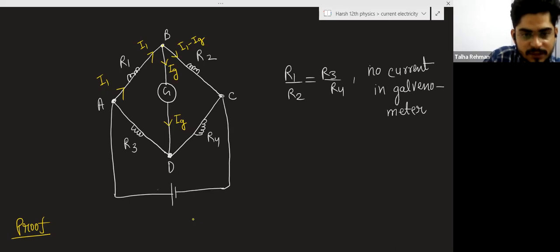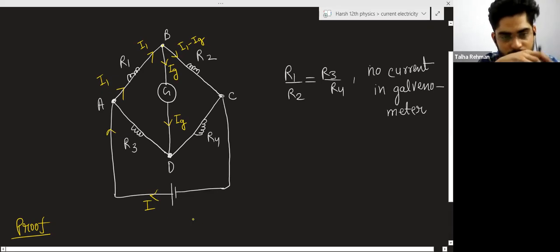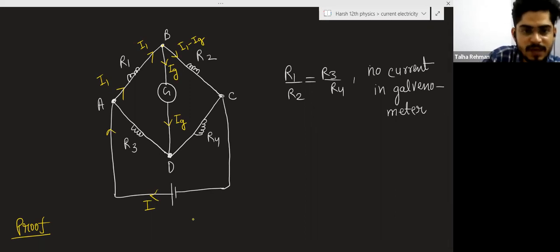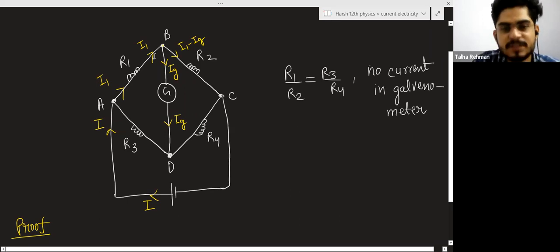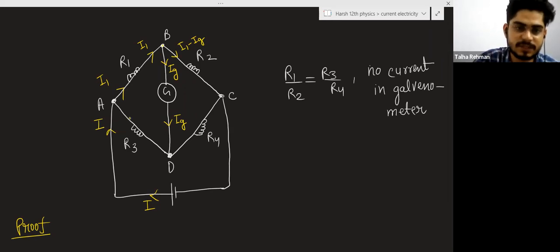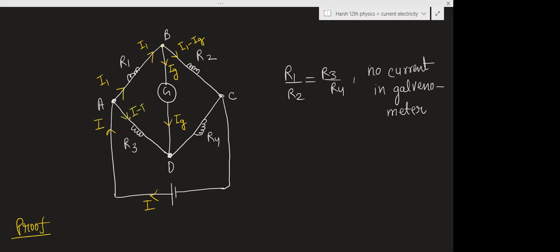This current I is flowing from here, the cell, and this is the junction point. From this junction point, suppose I1 current flows in this resistance, and the remaining current will be in this resistance. So what is the remaining current here? I minus I1.